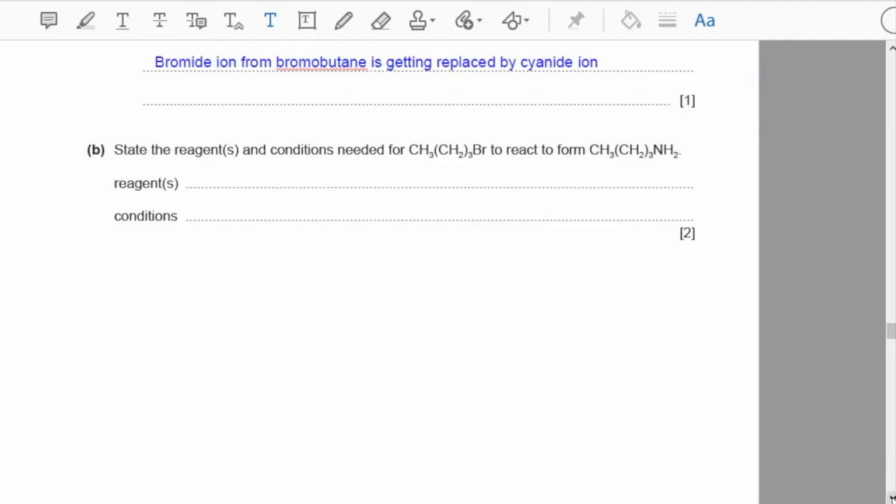Part B, state the reagent and conditions needed for bromobutane to react to form CH3CH2CH2CH2NH2. So the reagent is ethanolic NH3, ammonia, and the conditions are you heat it under pressure.